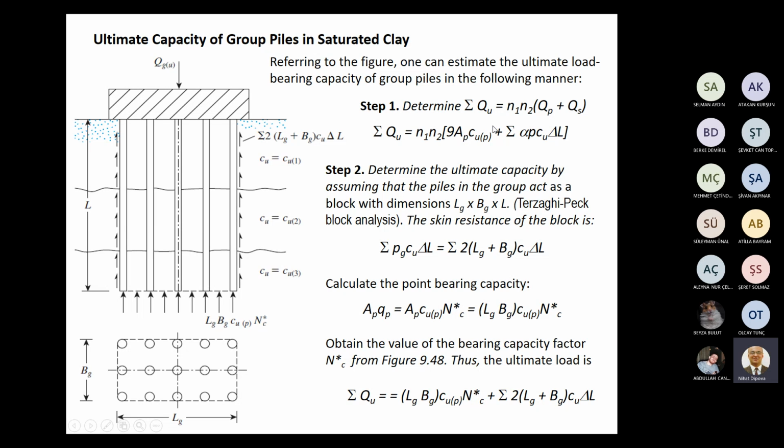Sigma QU will be equal to the capacity of one single pile, actually the summation of QP and QS, end bearing and shaft bearing, and then we will multiply by the number of piles in the group. Because we know how to determine QP and QS in saturated clays, we use the equation shown in brackets.